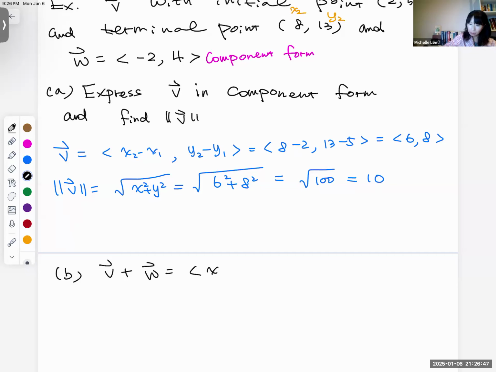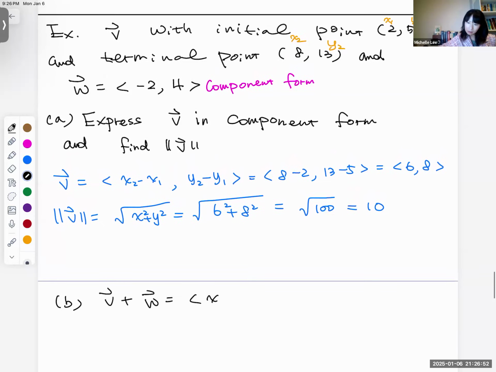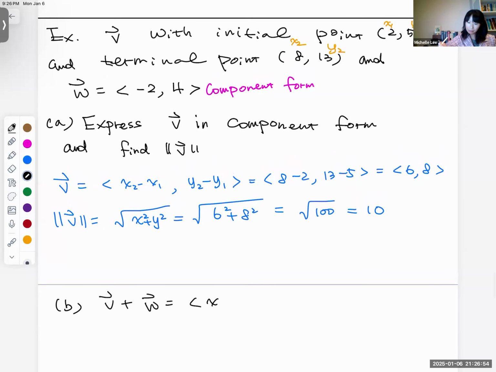I don't want to get confused, so let me use v sub 1 and not x and y, just components, right?